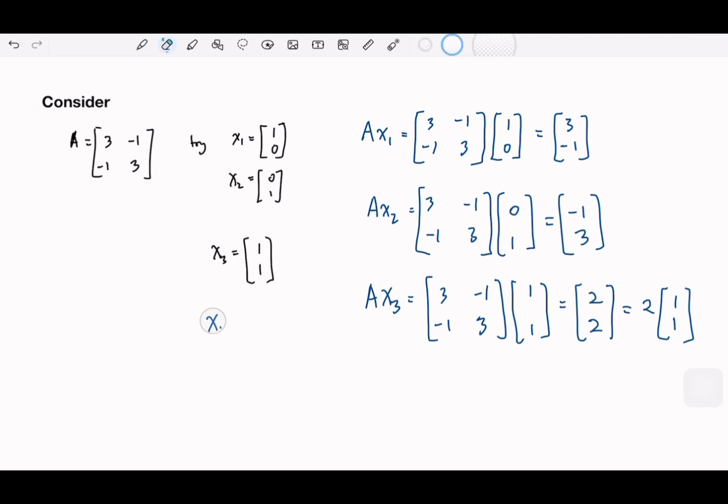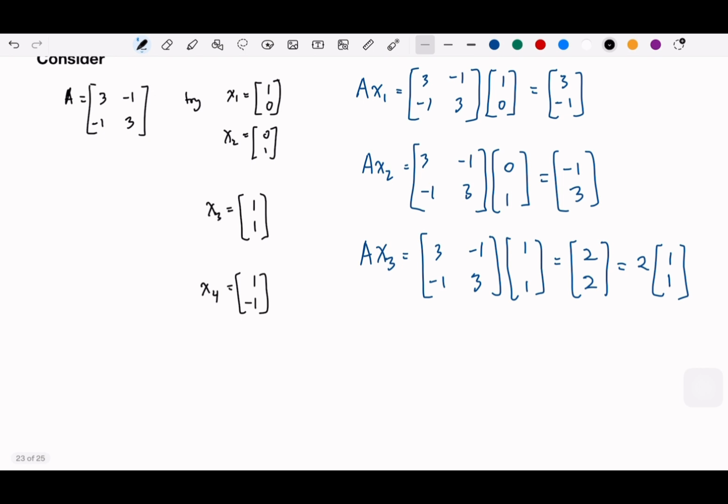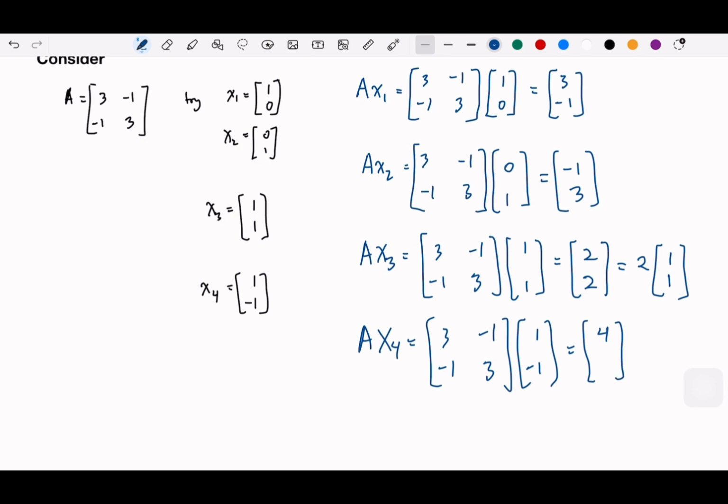If we try another column vector, let's say the other one is [1, -1], and we multiply with the same matrix A, you get 3 plus 1, which is 4, and the other one is -1 minus 3, which is -4.